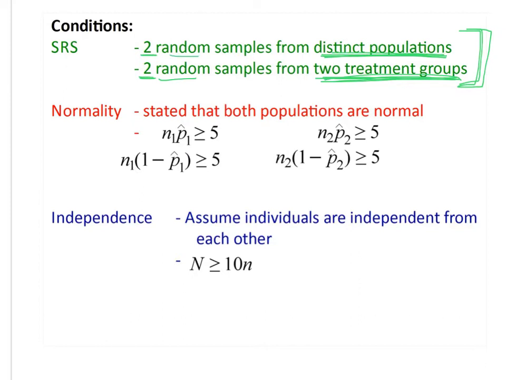The second condition is normal. In order for something to be normal, now I have 4 equations that have to be true, and you'll see we changed this to 5. It's no longer 10. So all of these have to be true.